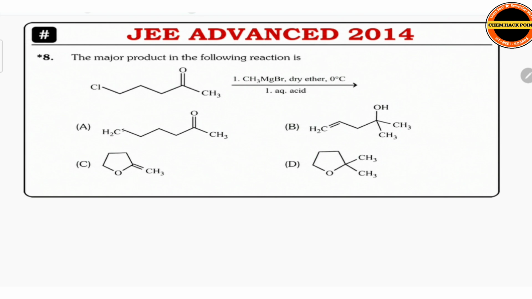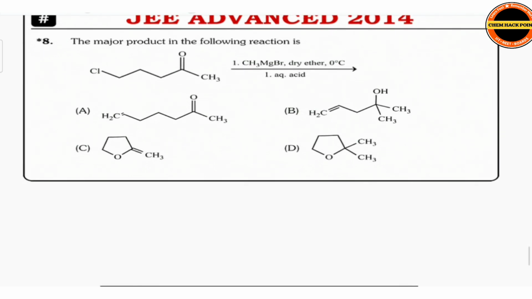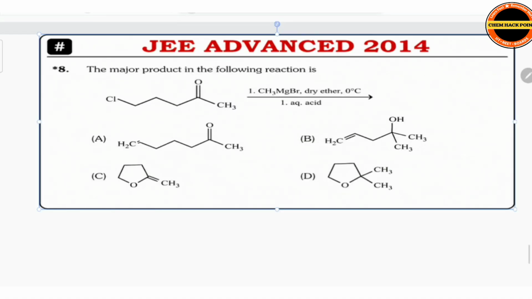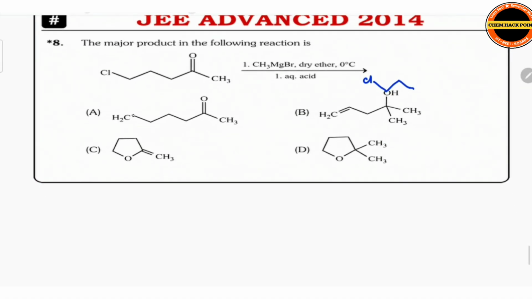So what does it give first? See here. After reaction, first it gives, as it is Cl, here no change.